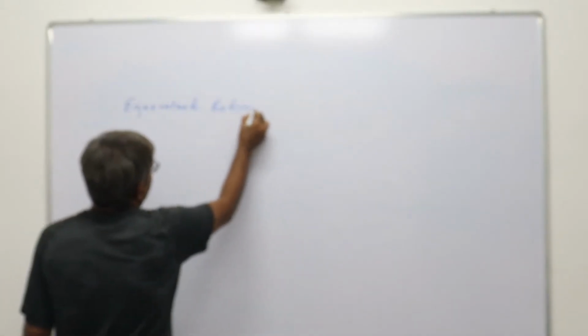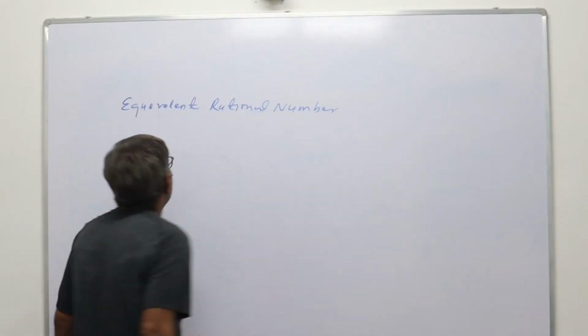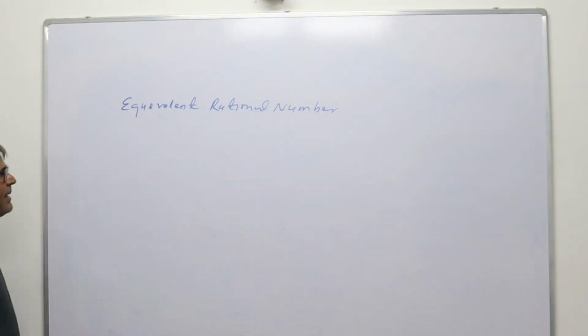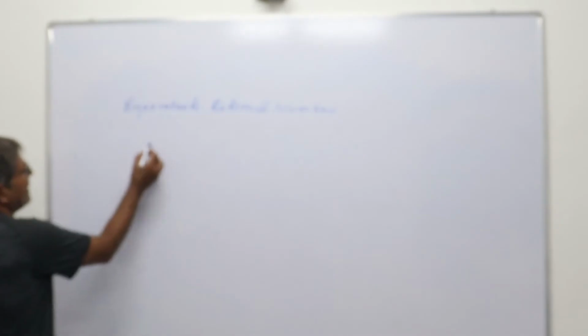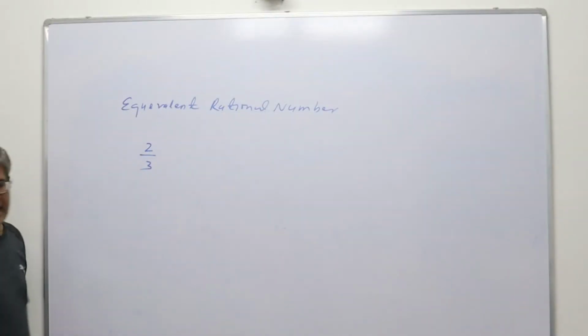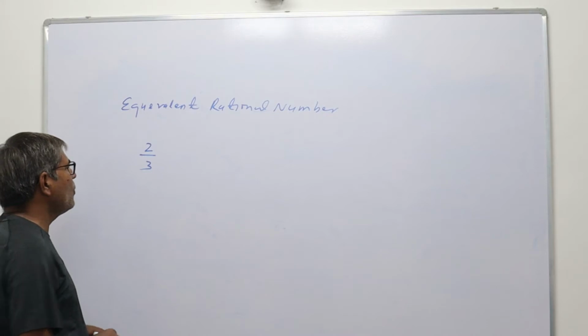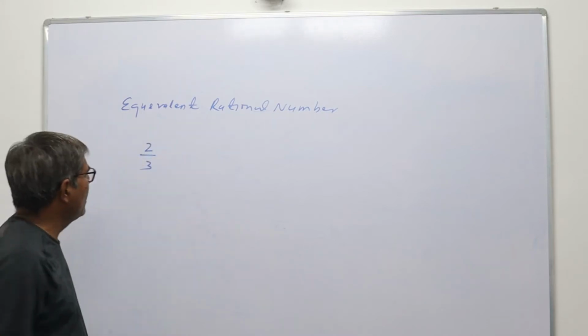Equivalent rational number means, let us suppose we have been given a rational number 2 by 3 and we have to find an equivalent rational number to this given rational number.